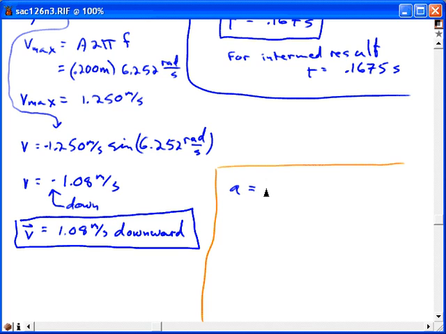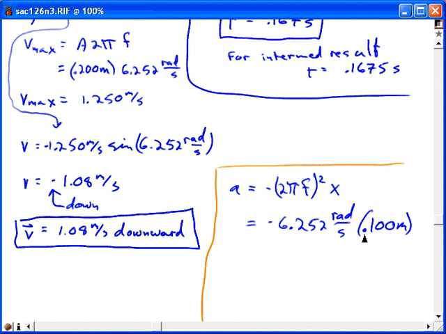So if I can remember that, it was a is equal to minus 2 pi f all squared times x, which is just going to be minus 6.252 radians per second, squared, times the 0.100 meters, the position that we used when we solved Part A for the time. So it is at the time that was solved for in Part A.